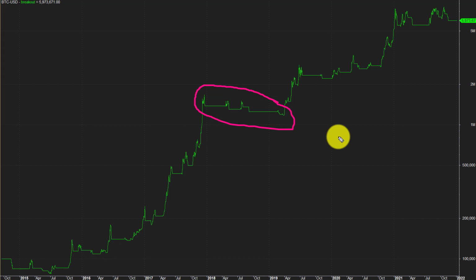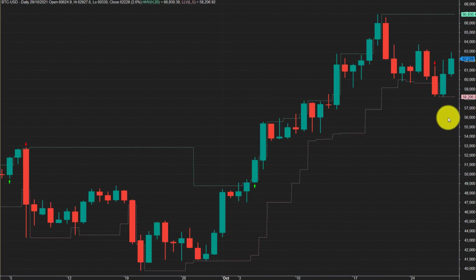So let's go through the rules of this simple crypto breakout strategy. Like I said, this is a breakout strategy, and what that means is that the strategy buys the Bitcoin, or any sort of instrument that it's applied on, when the price breaks above a certain price high.